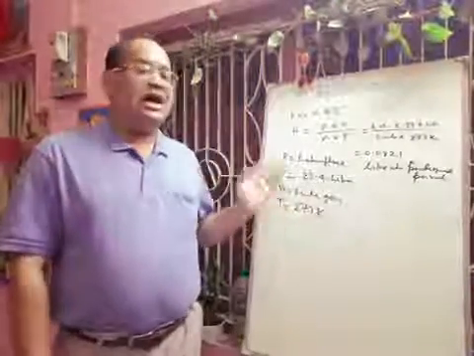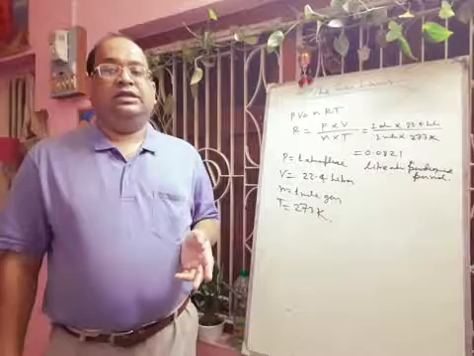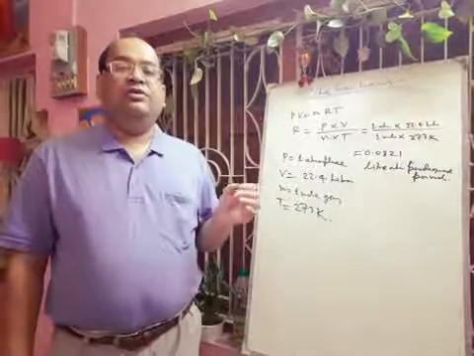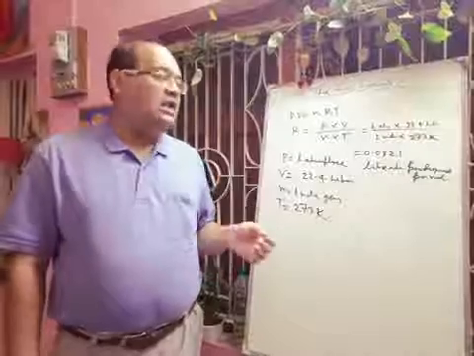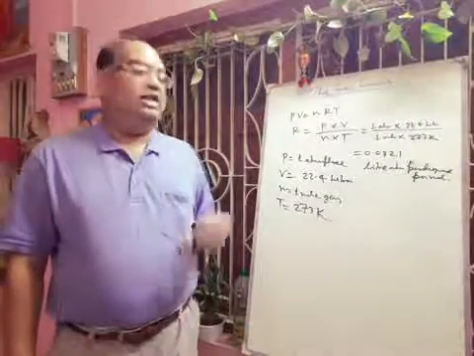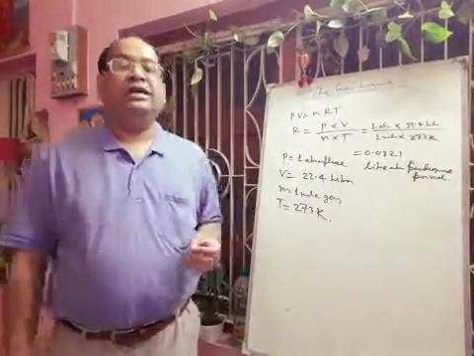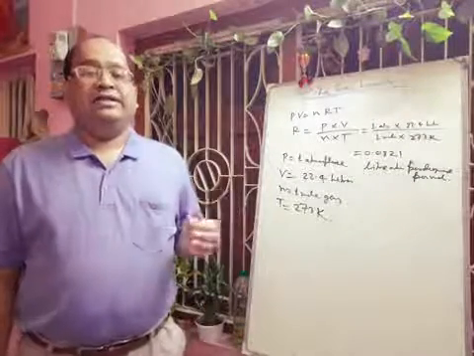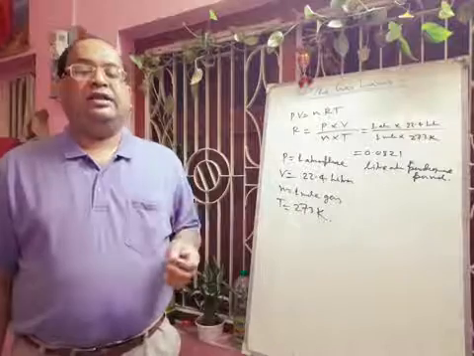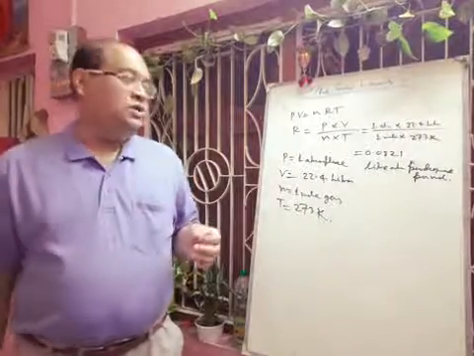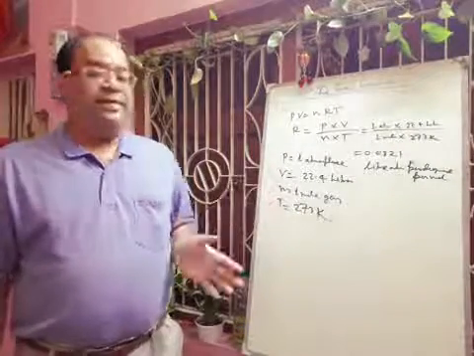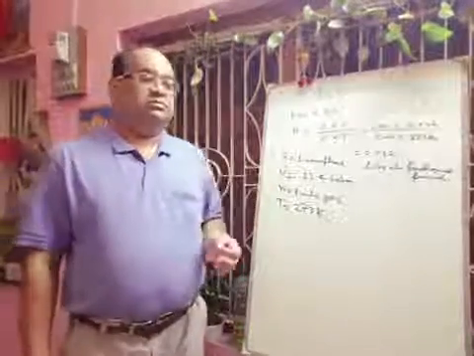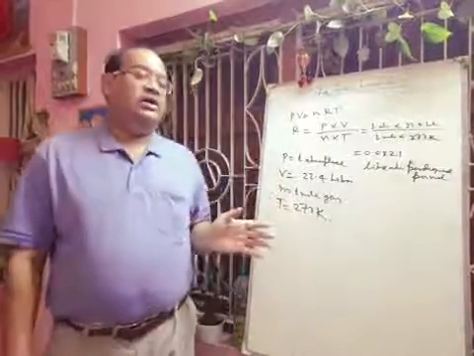If we want to write the R value in erg, then we have to write 8.314 into 10 to the power 7 erg per Kelvin per mole. And if you want to write the value of R in calorie, then it will be 1.987 calorie per Kelvin per mole. So in this way we can easily calculate the value of R. Hope you can understand.